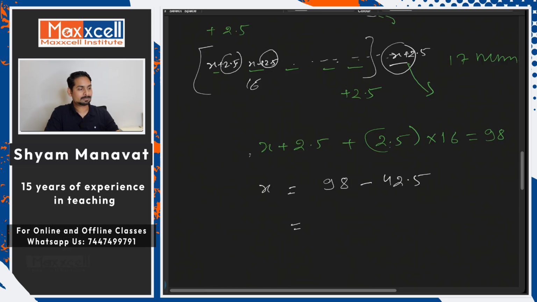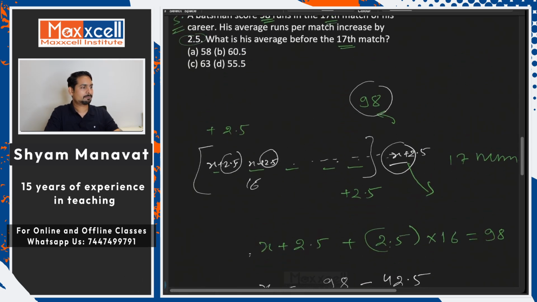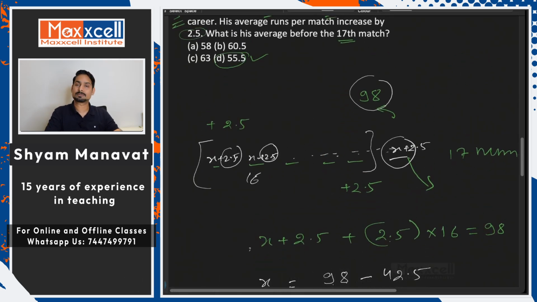If you subtract this from 98, what will you get? 98 minus 42.5 is 55.5. This should be the previous average, right? 55.5. That should be the answer.